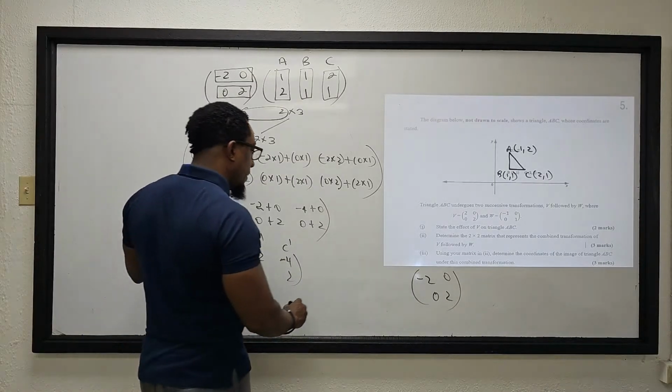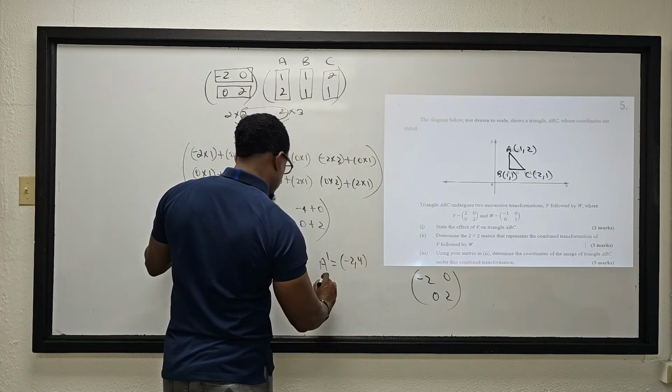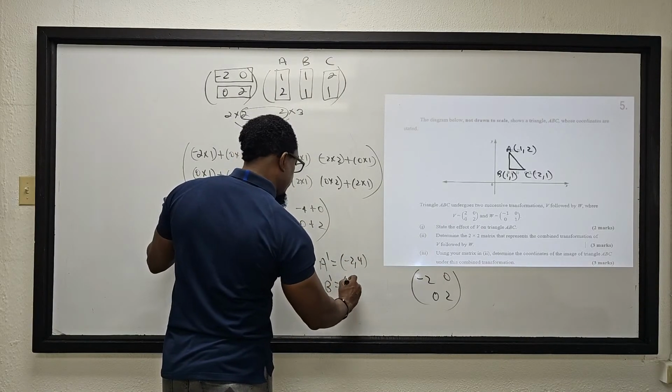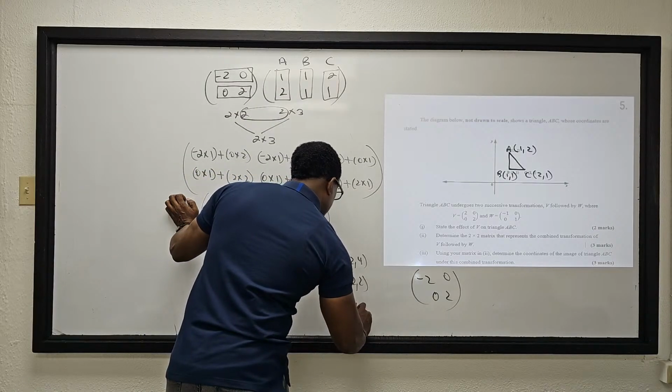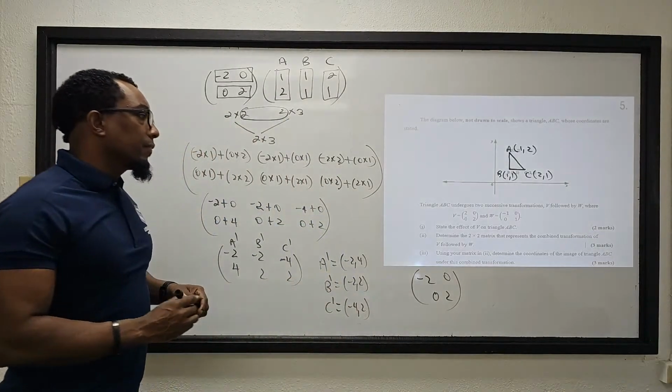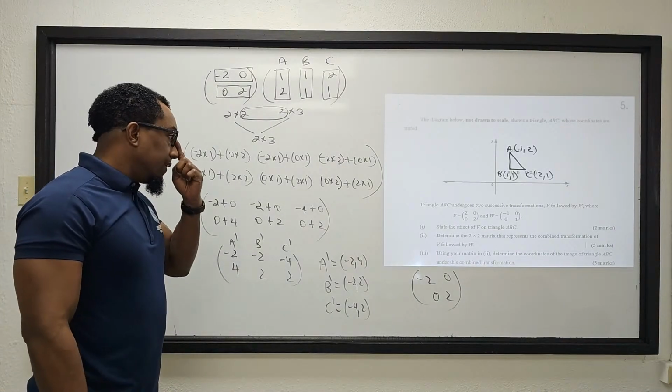So we know that A prime will be negative 2, 4, B prime, negative 2, 2, C prime, negative 4, 2, and we have the image of triangle ABC.